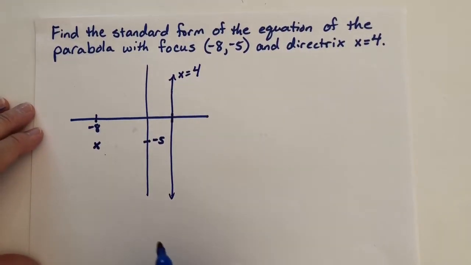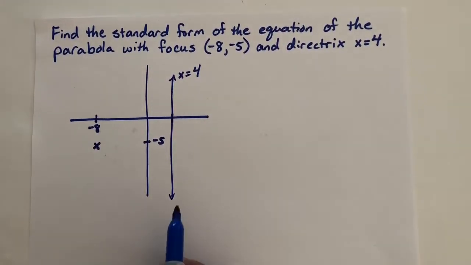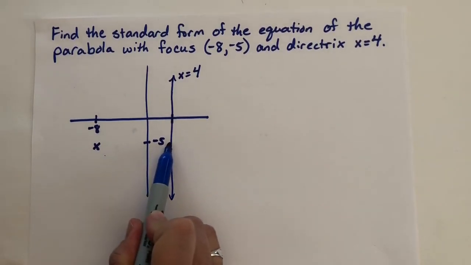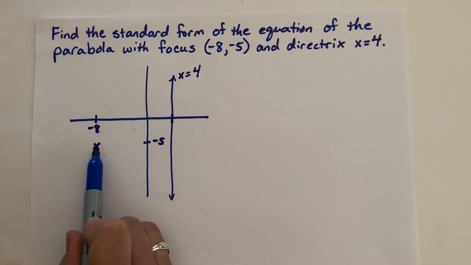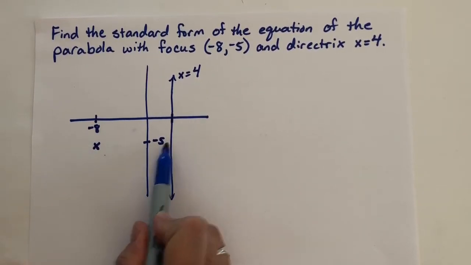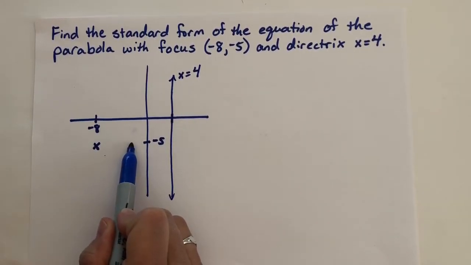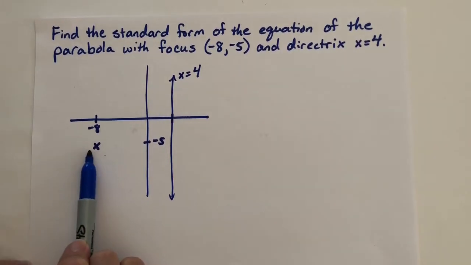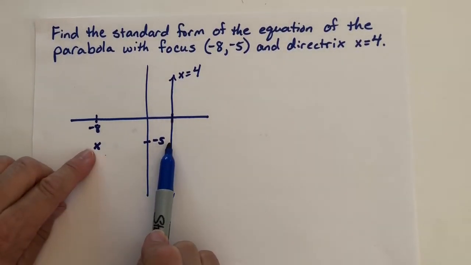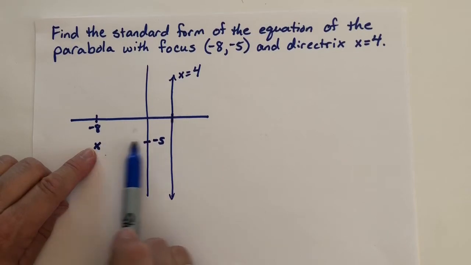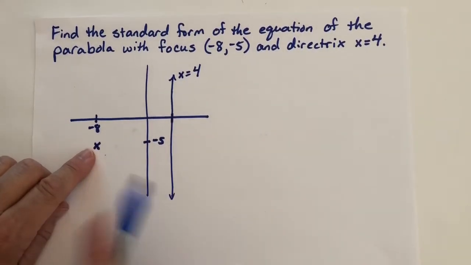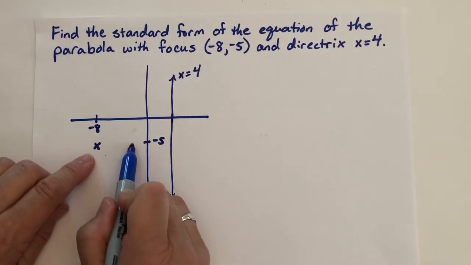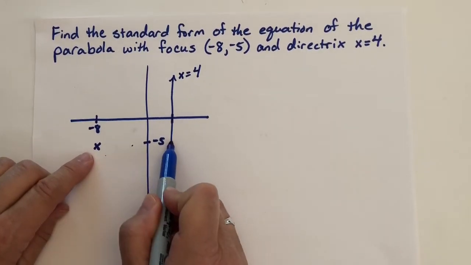So our first task is to figure out where the vertex is. Remember, it will be right in between the focus and the directrix. It has to be equidistant from them. So we need to find this distance right here and divide it by 2, and we'll know the distance from a vertex to focus and vertex to directrix.